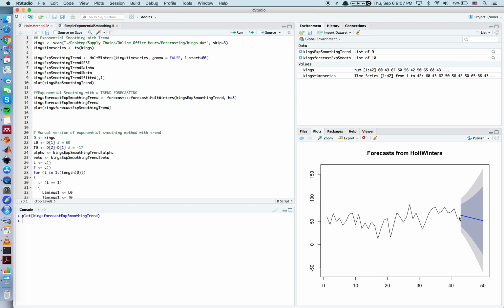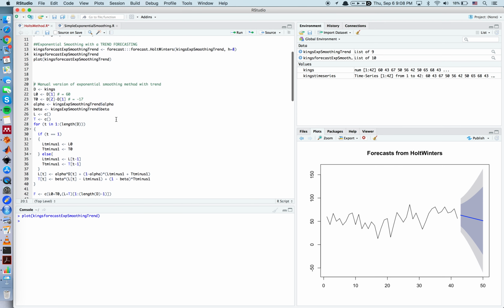Okay, so I think it's clear enough from here that there is a linear decrease in our forecasts, which makes sense because we're assuming that this data set has a linear trend. And as you can see now, the width of the confidence intervals is increasing in a more aggressive way. There are reasons for that, but I will not go into it.